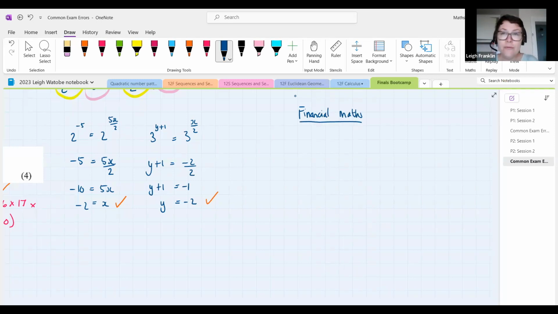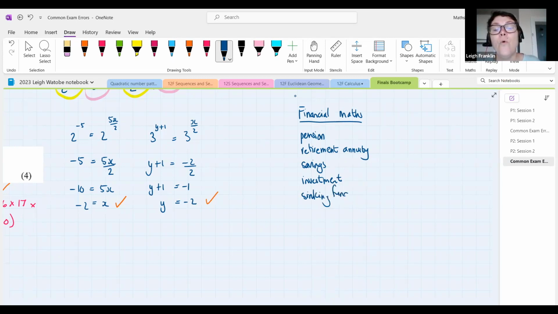If a question uses the word pension or retirement annuity or savings or investment or sinking fund, for all of those, you are going to use the future value formula.